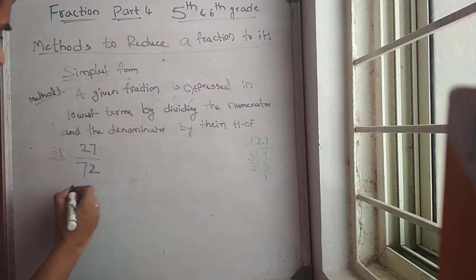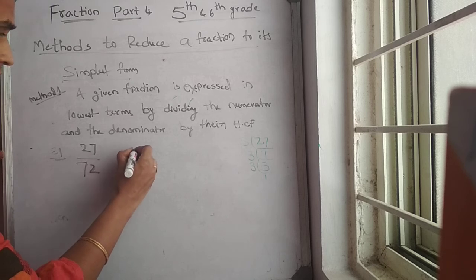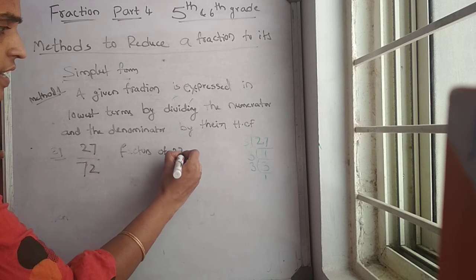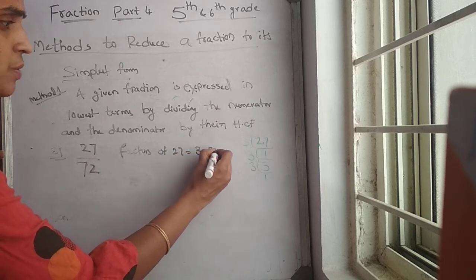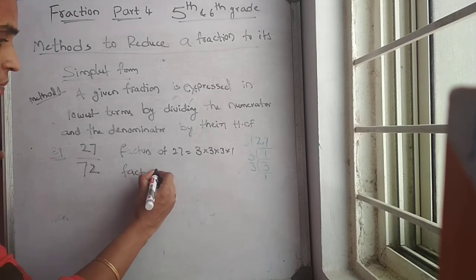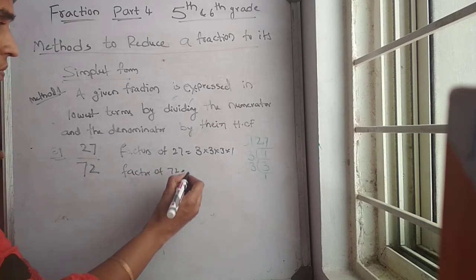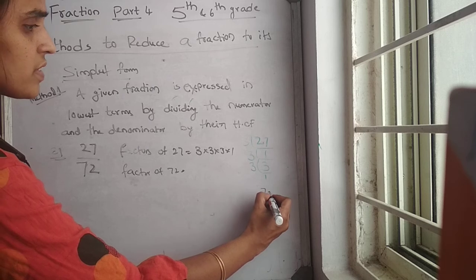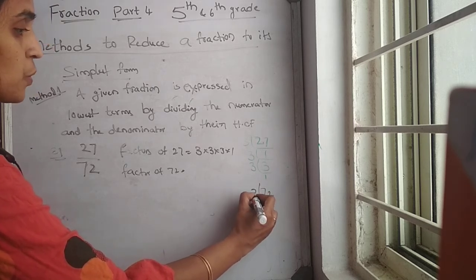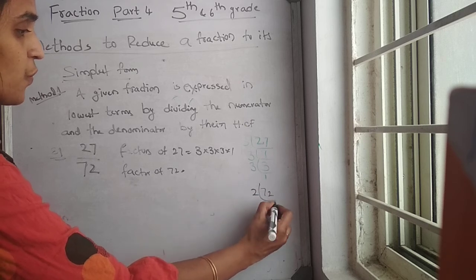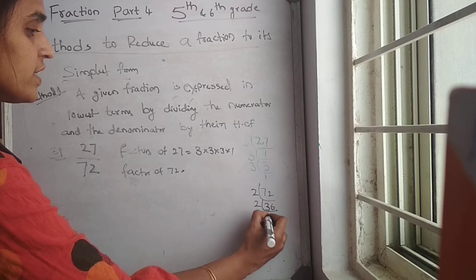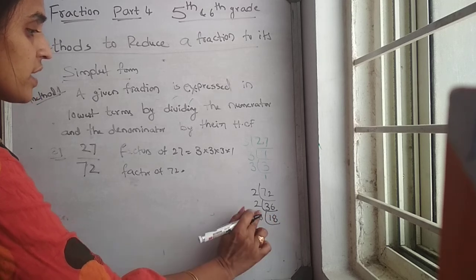So, factors of 27 equal 3 into 3 into 3 into 1. Okay. Factors of 72. See, 72 factors, what is that? 2 3s are 6, 2 6s are 12, 2 8s are 16, 2 9s are 18, also.